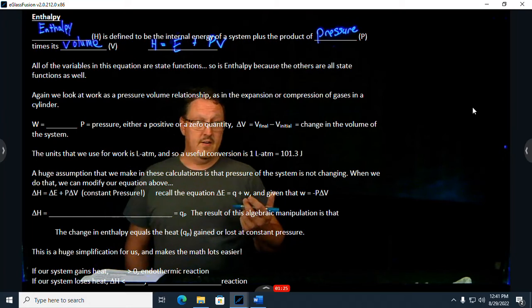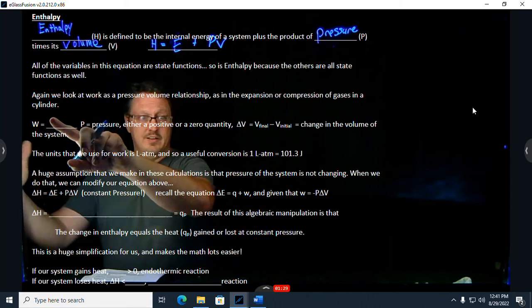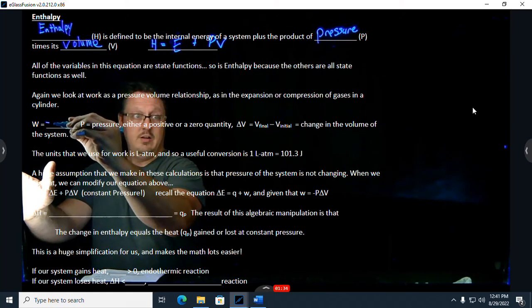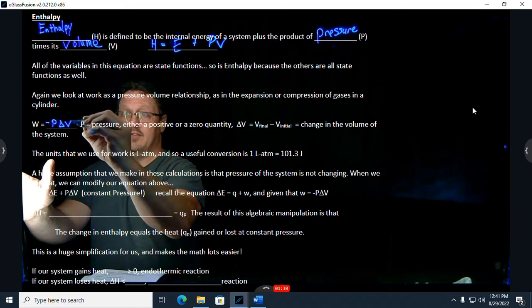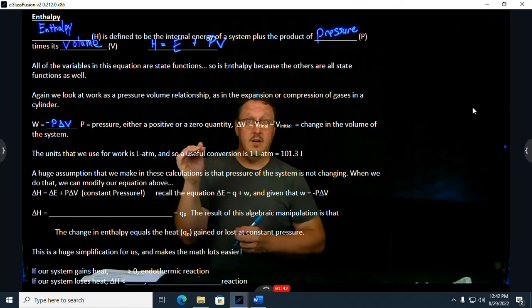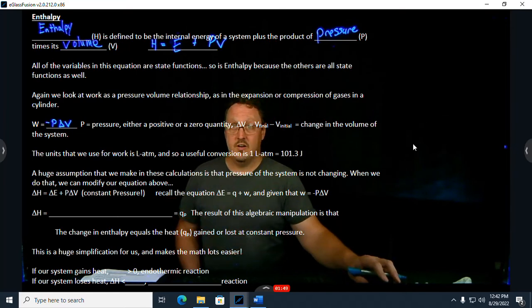Now, we're going to look at a pressure-volume situation, the expansion or compression of gases in a cylinder. That gives us work equal to the negative pressure times the change in volume, where pressure is either positive or zero, and delta V is volume final minus volume initial, the change in the volume of the system.